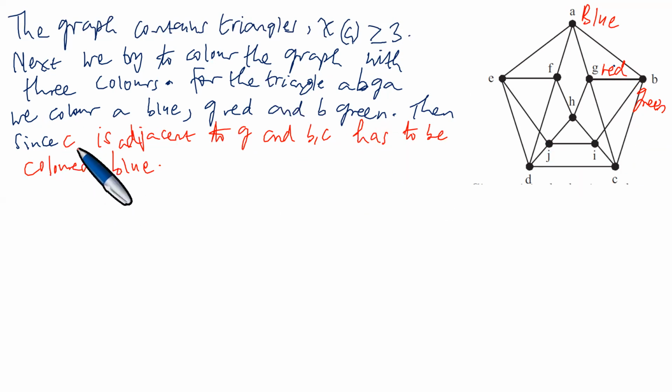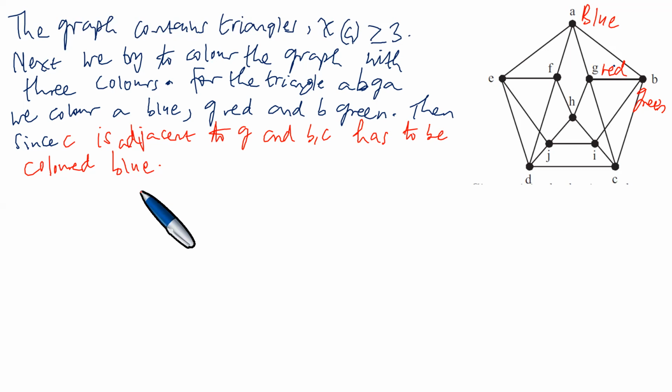Then since C is adjacent to G and B, C has to be colored blue.